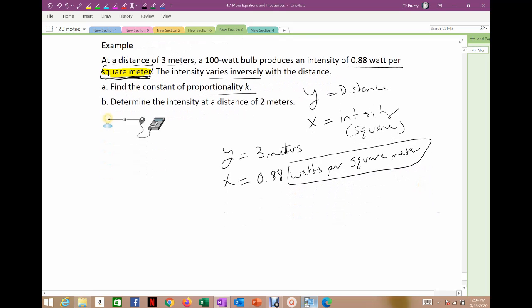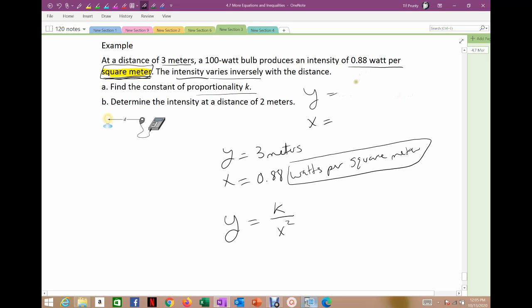So what I need to have is my y equals my constant divided by my square meters. And I did have it right the first time. See? Units help me out. The y is the watts per square meter, so the y is the intensity, if I read it directly.